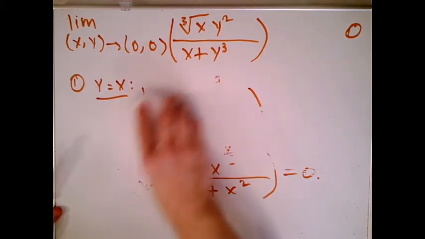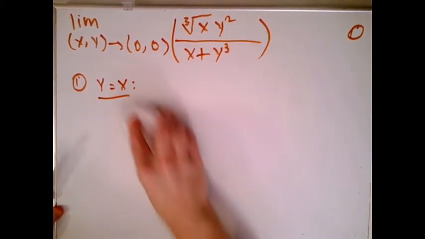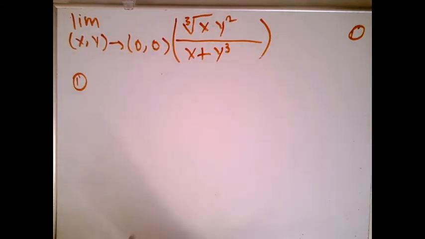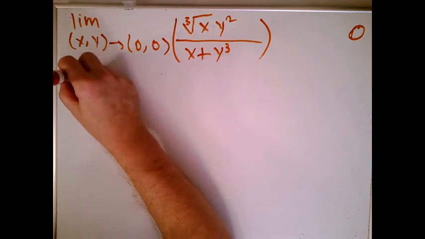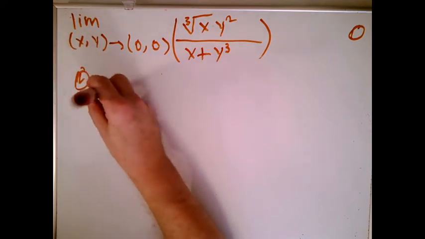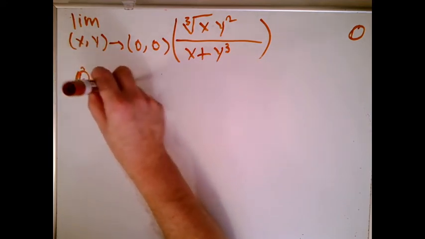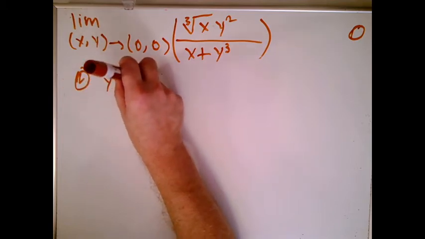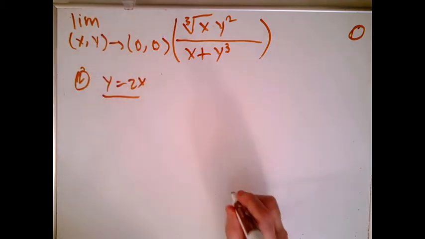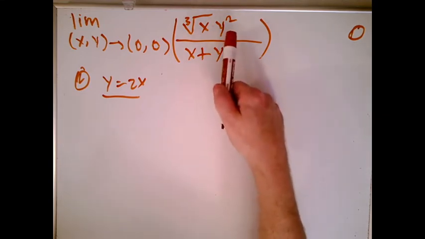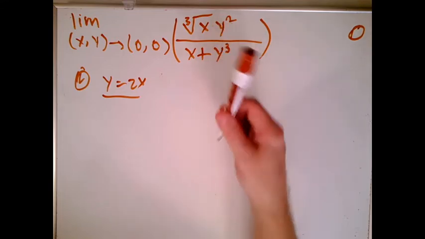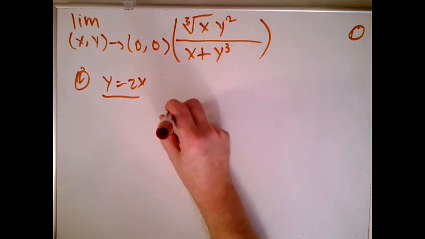Let's try what we did before and say y equals 2x. And that's our second path. If I try y equals 2x and take the limit, what am I going to get on top? Let's see here. This is going to be 4x squared, so this is going to be 4x to the 7/3.